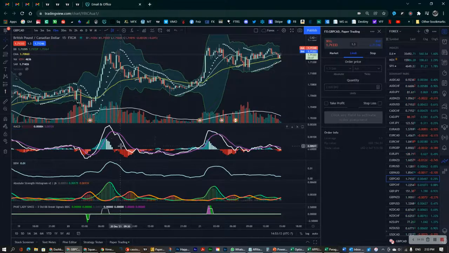Anyway, the reason I like the MACD is I don't necessarily use it for buy or sell signals. What I use it for is when I see these two lines converging. So we start to see it here.